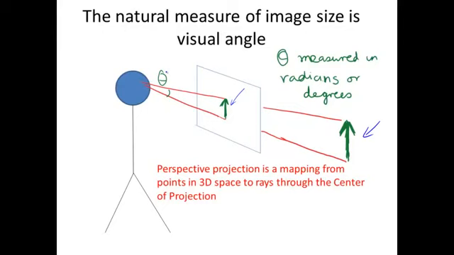How do we measure this theta? In a standard way, by radians or degrees or whatever. So this is a natural measure of image size. And once you have this measure of image size, you can of course always convert this into size on the image plane, because we are going to have a simple relationship. So theta is equal to some L upon F, where F is the distance between center of projection and the image plane.